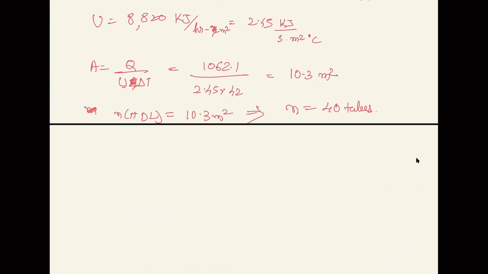Any doubts in the calculation? Or is it coming out to be 80 point something? Let me just cross check my value. 10.3 over 3.14 divided by 1.5 divided by 2.54. Yeah, it has to be 86. My bad. Somewhere around 86, or we can say some value close to 90 will be the answer.